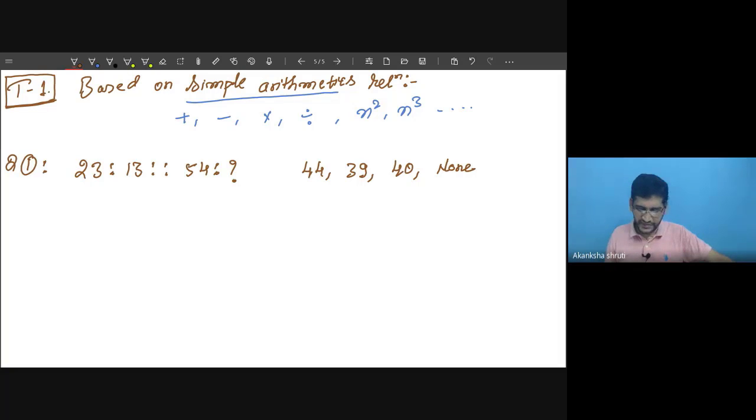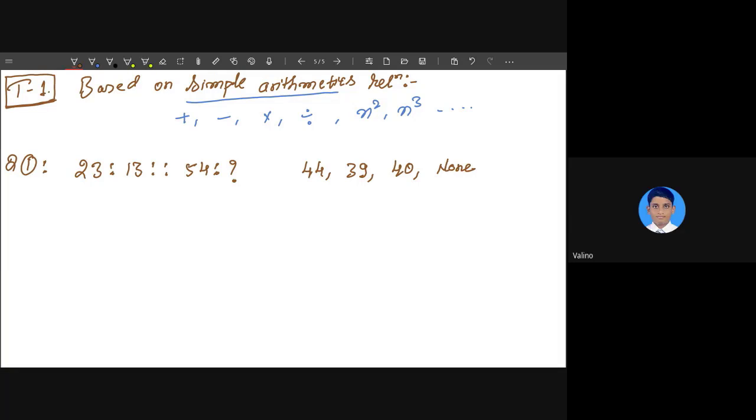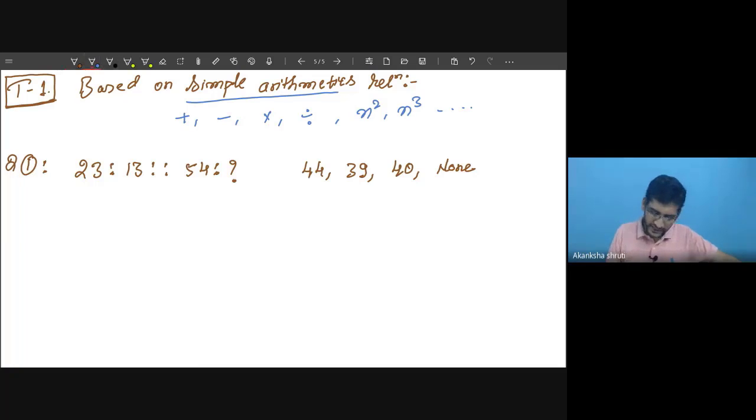Tell me quickly the answer. 44. Very good. Students, here we are observing, if I am taking this, the only difference, so it is the subtraction of how much? 10. Follow that rule. So 54 minus 10, we are getting 44. So it is in option, so it appears correct to me.